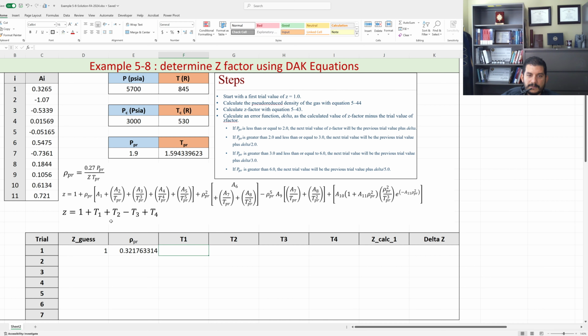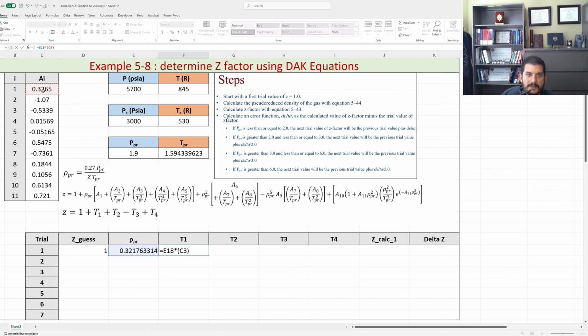Okay, so T1 equals that very first part. So we say T1 would equal the pseudo reduced density, which is this, times, I'm going to open big parentheses, and I'm going to close it as well. And I will click inside here. So first thing, it's A1. A1 is right here, and you have to make sure you get it locked.